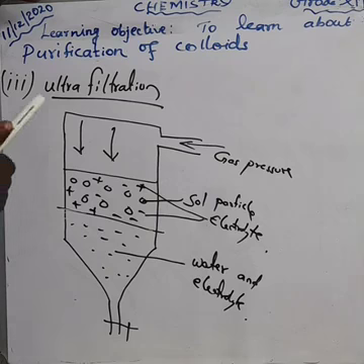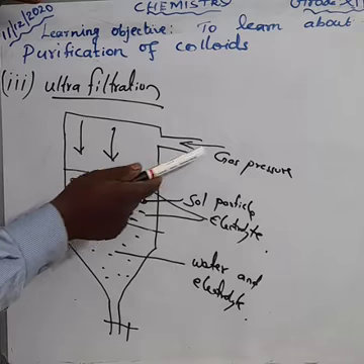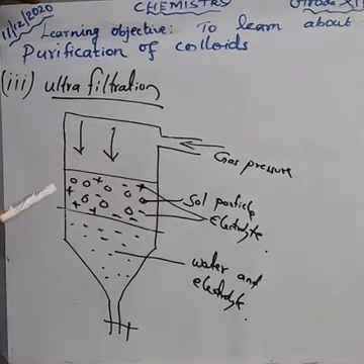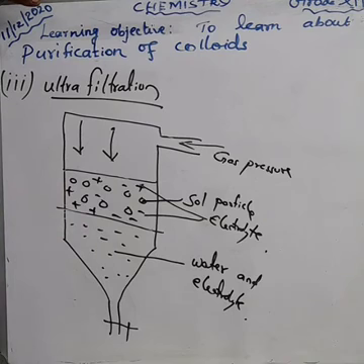This process is quickened by the application of pressure, because we are applying pressure here. Due to the high pressure, the electrolytes are easily removed from the salt particles, easily washed away.